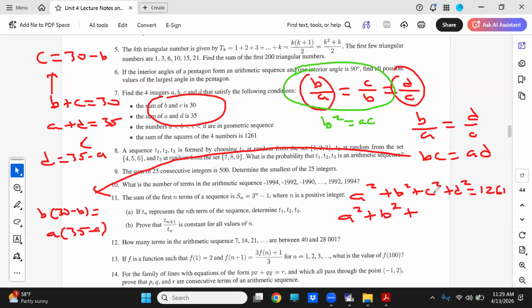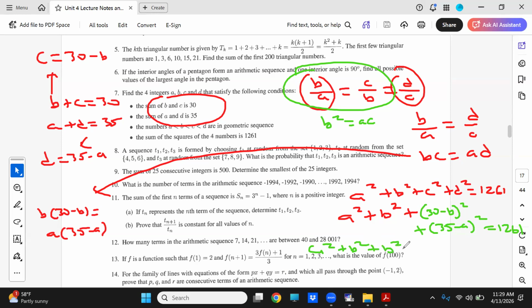So in this case, I know C is 30 minus B, and D, of course, is 35 minus A, and the whole thing is 1261. Okay, and if I were to clean that up, I get A squared plus B squared. I'm not sure where I'm going with this, I'm just taking a leap of faith.